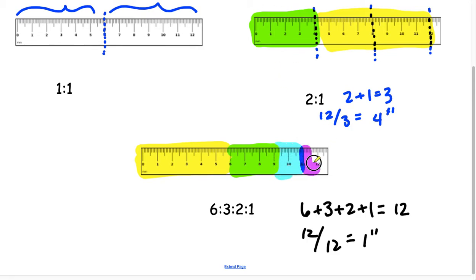From 11 inches to 12 inches is 1 unit. So this is a proportion or a ratio of 6 units, 3 units, 2 units, and 1 unit. That's what we want to keep in mind. We want to divide the total by however long it is, partition it using that length, and then go back and shade in what we need to show.